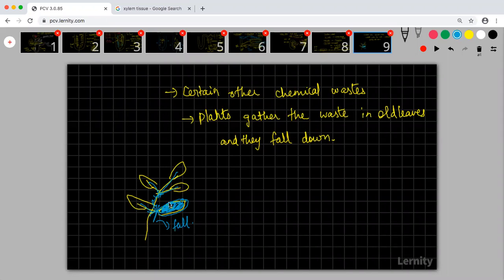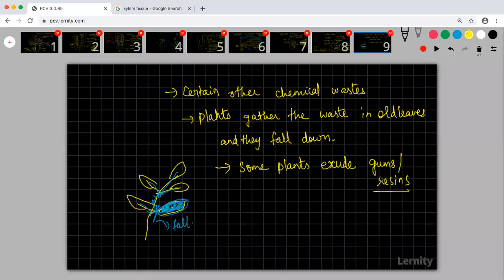So they will be able to send all the waste to one part of the plant, and then they will remove that leaf. That leaf will be made old, and that leaf will fall. In some plants, they have a different mechanism. Some plants exude gum or resins.